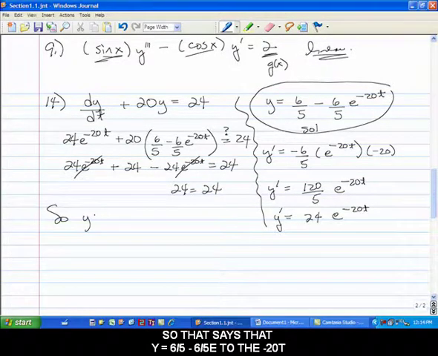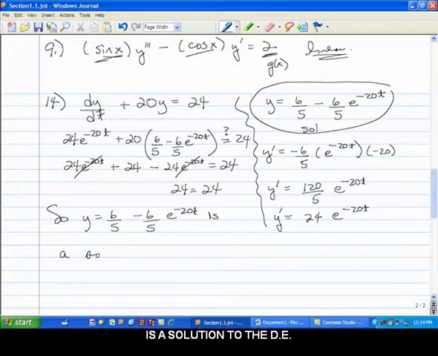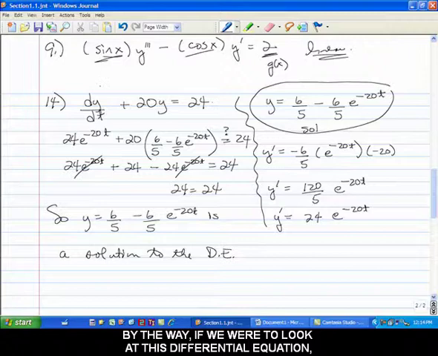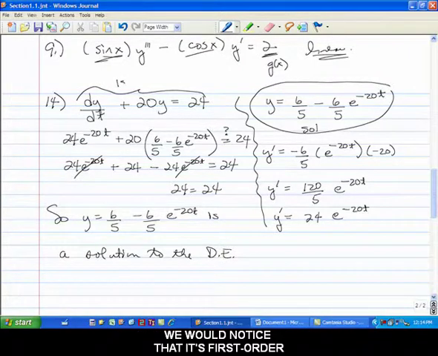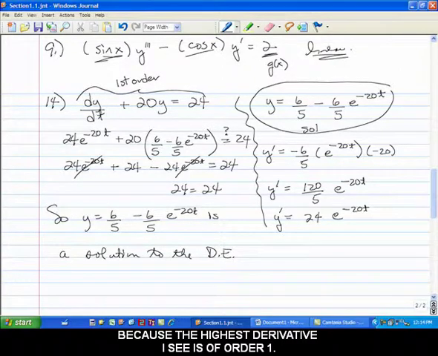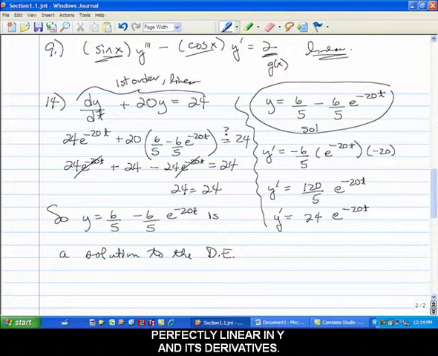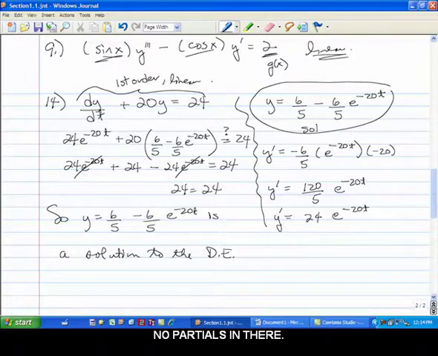So that says that y equals 6/5 minus 6/5 e to the minus 20t is a solution to the DE. By the way, if we were to look at this differential equation, we would notice that it's first order, because the highest derivative I see is of order 1, and it's linear, perfectly linear in y and its derivatives, and it's ordinary, huh? No partials in there. Okay.